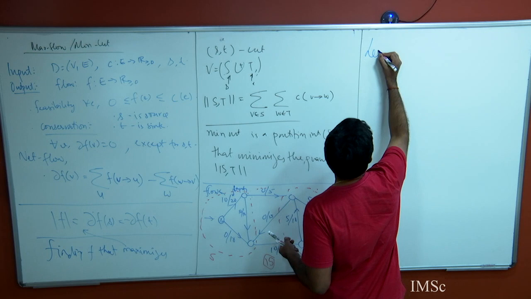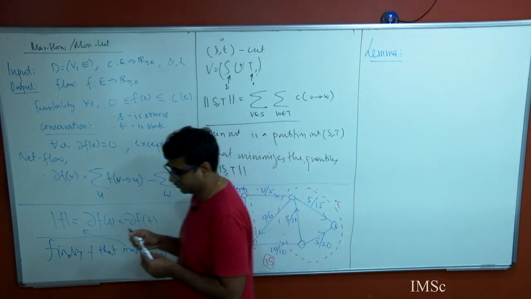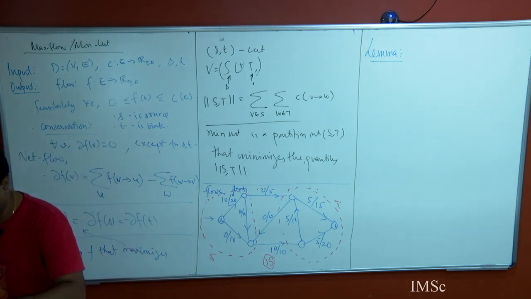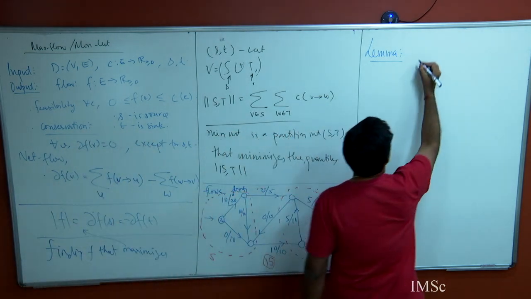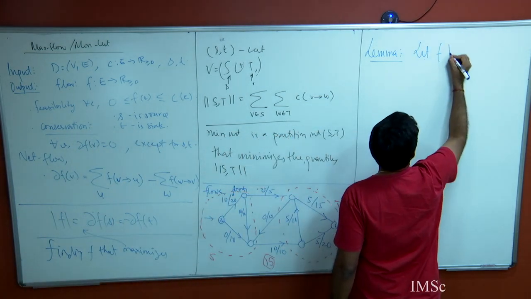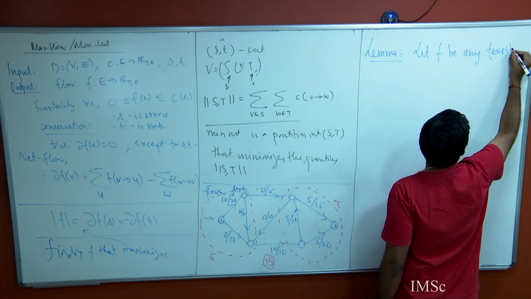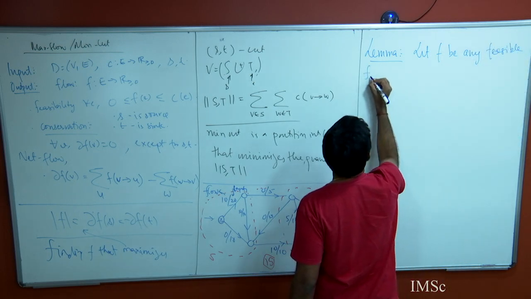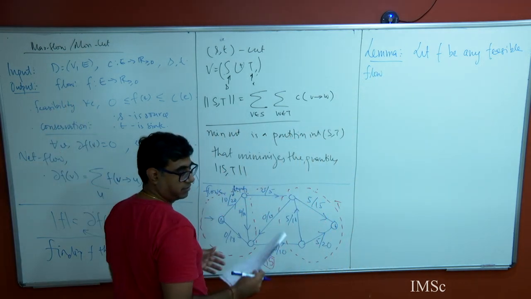So here's my lemma. This lemma is nothing but just a sequence of some inequalities, but still, we have to do it. So what does it say? Let F be any feasible flow. It means it satisfies these constraints.